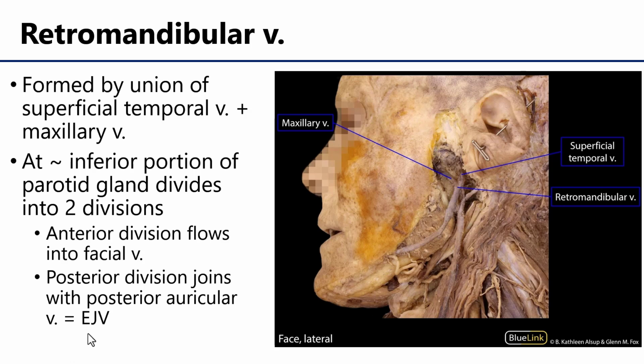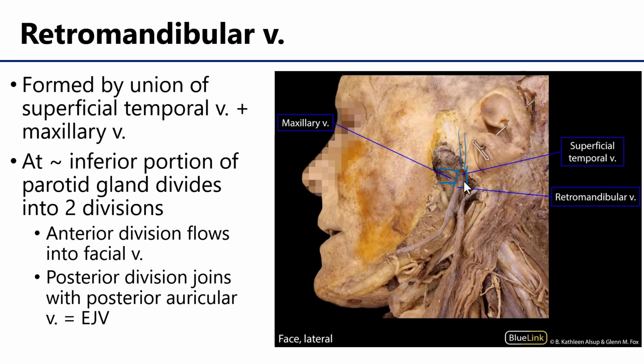So the retromandibular vein receives blood from the superficial temporal vein coming down. It also receives blood from the maxillary vein of the deep face. So all of that is in the retromandibular vein.